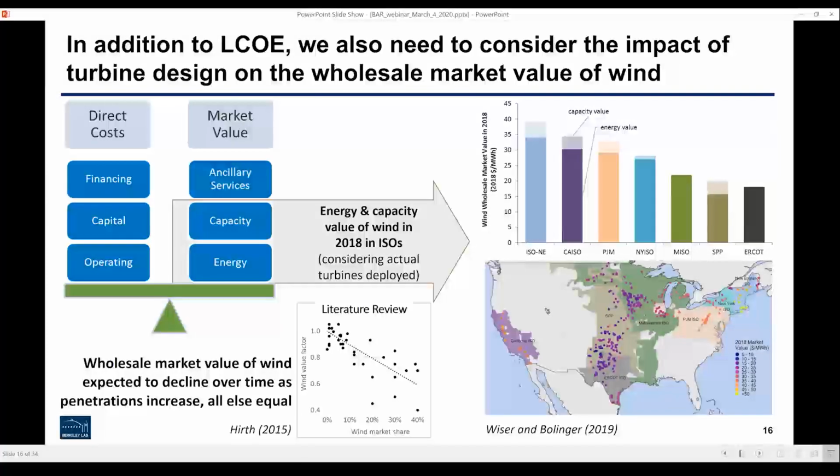We focus on those two values rather than ancillary services because we think those are sort of the larger value portions in this case.